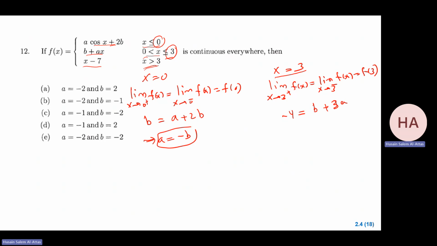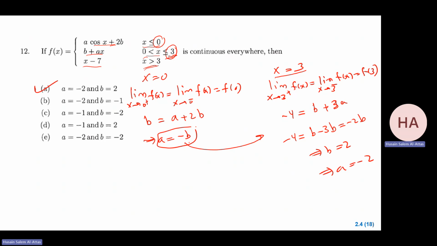Yeah, now that will make a difference. Now plug this there. 3 is positive, so it will be b plus 3a. That gives me what? Plug a equals minus b here. That means minus 4 equals b minus 3b, which is minus 2b. So b equals 2. So a equals minus 2. So that will be the answer.